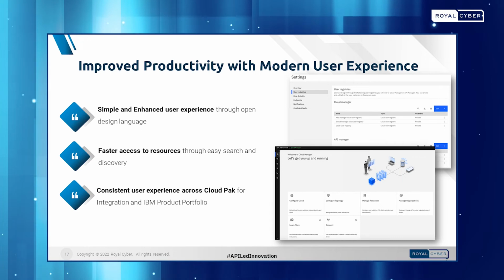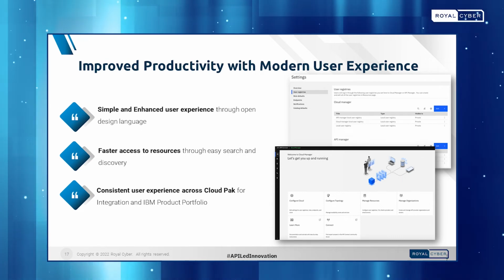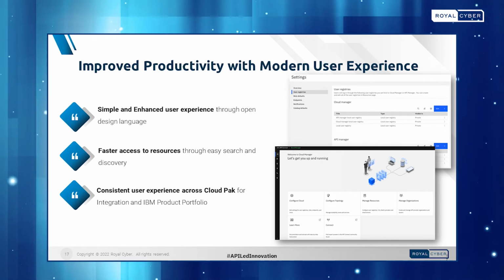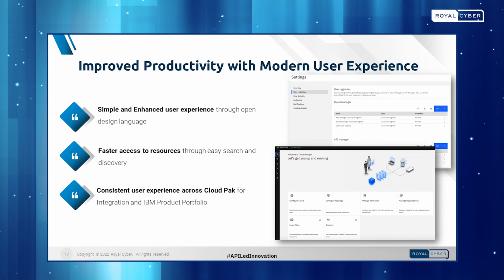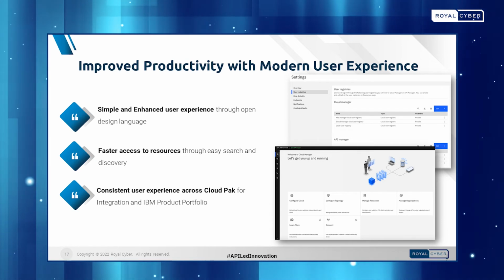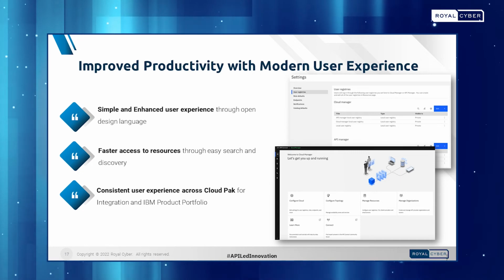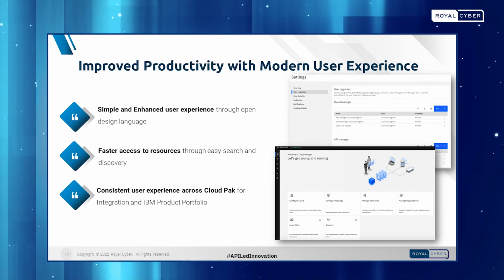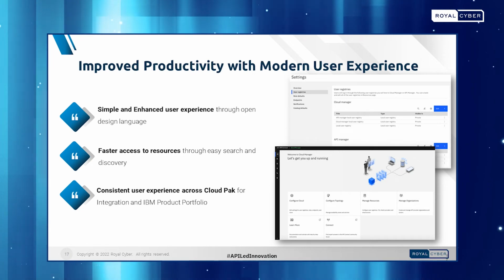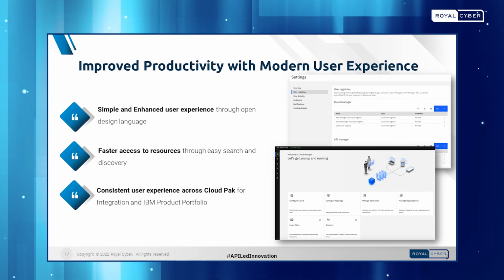There's a simple and enhanced user experience, so you can quickly access whatever resource you need and easily find your way across. And like I mentioned earlier, there's a consistent user experience across all Cloud Pak for Integration and IBM product portfolios.